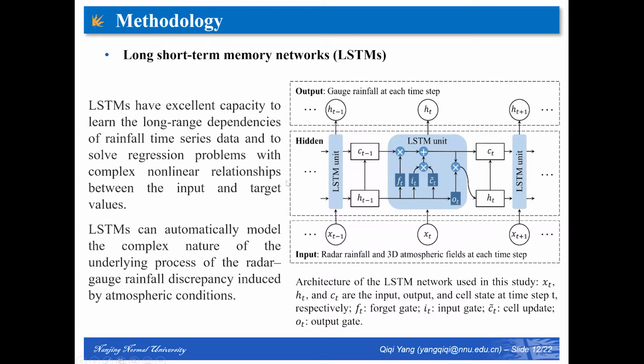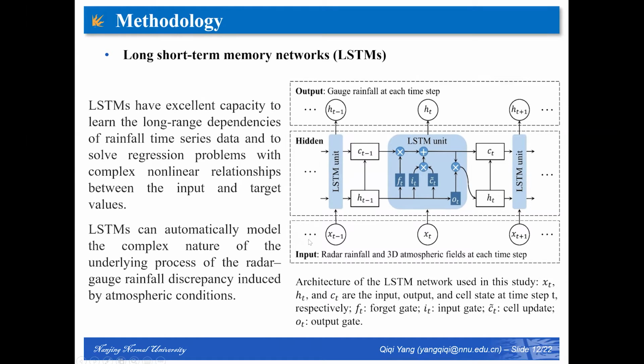Long short-term memory networks, LSTMs, have excellent ability to learn the long-range dependency of the rain time series data and can solve the regression problem with complex nonlinear relationship between the input and the output values.